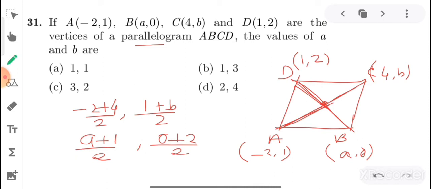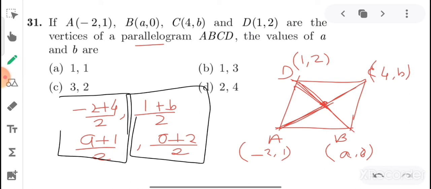If we compare the first set and second set, then the value of b will be 1, and a plus 1 is equal to 2, so the value of a will be 1 also. Right option will be 1, 1. You can calculate it briefly.